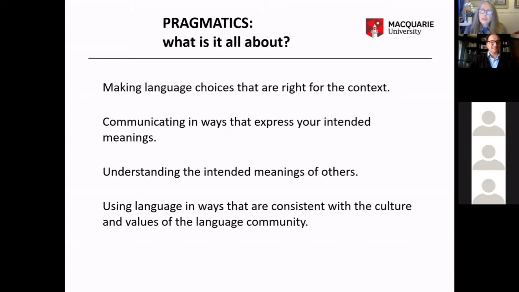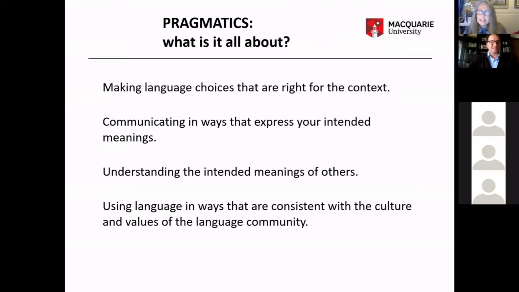Also, it's about communicating in ways that express your intended meanings. And we don't always say exactly what we mean. Sometimes we imply things. And sometimes it's not always easy to understand quite what the intended meanings of other people are, even if we know the words and if we know the grammar.